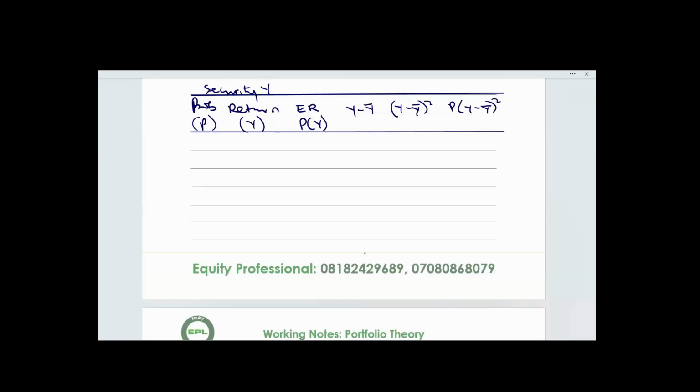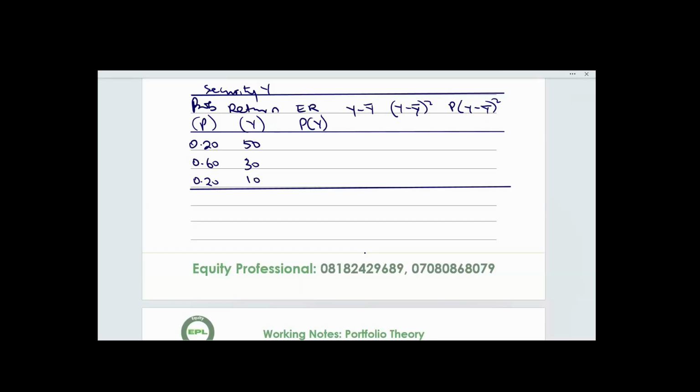So give me the probability of security Y. 0.2, 0.6, and then 0.2. Give me the return. 50, 30, and then 10.